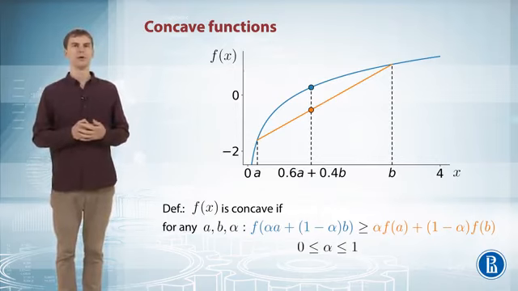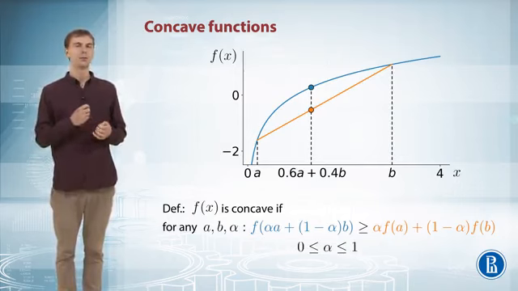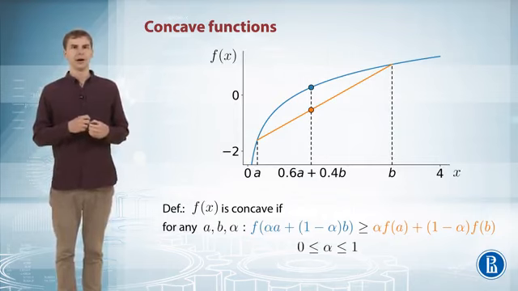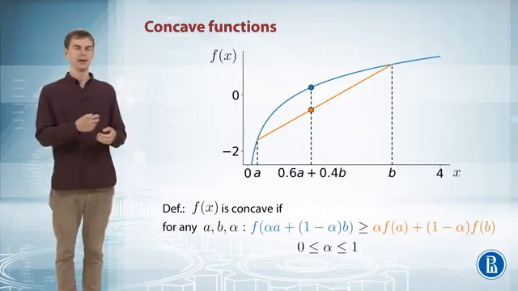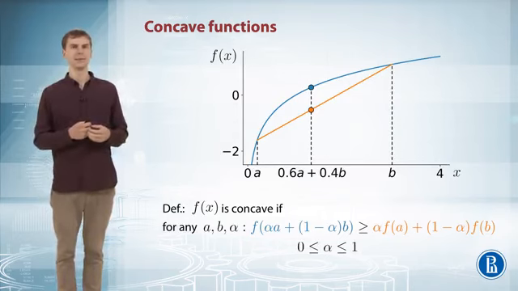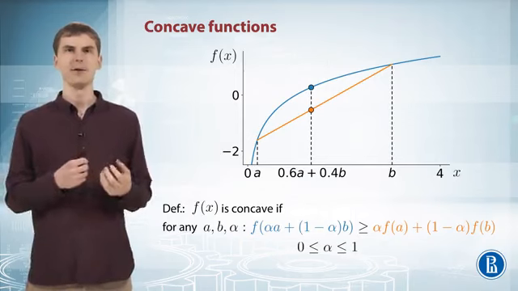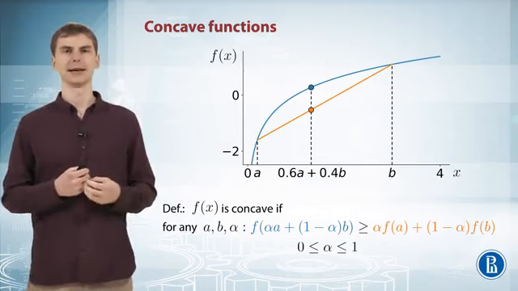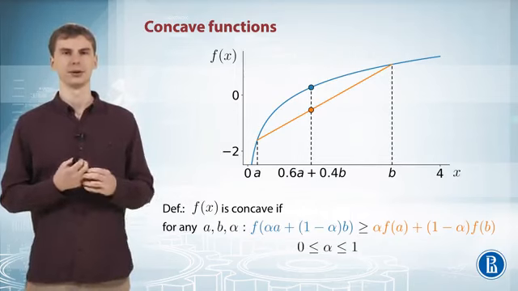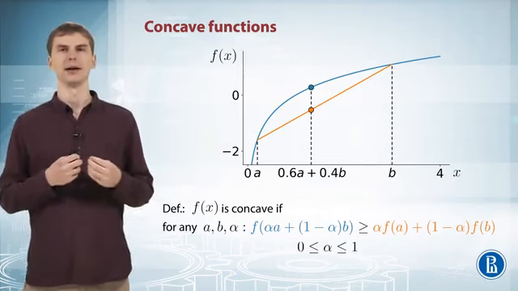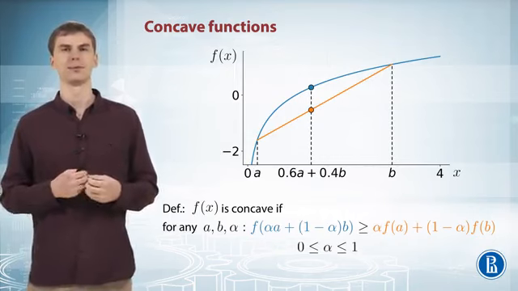Or if you put it more formally, for any 2 points a and b, and for any weight alpha from 0 to 1, if you mix these 2 data points with the weight alpha, you will get a point in between them, and f of this mixture has to be greater than or equal to the mixture of f's. So the blue point has to be greater than or equal to the orange point.